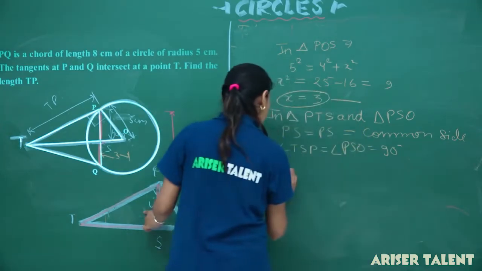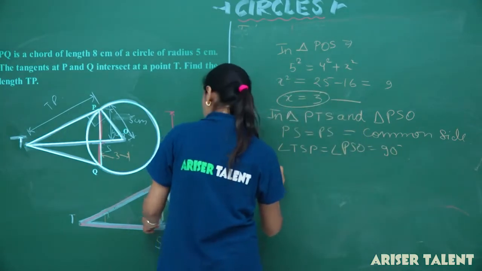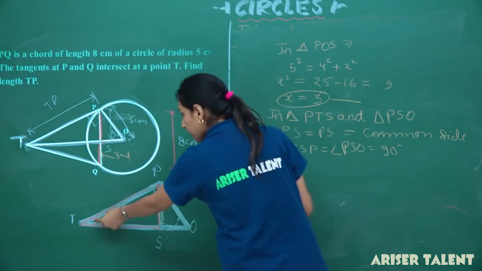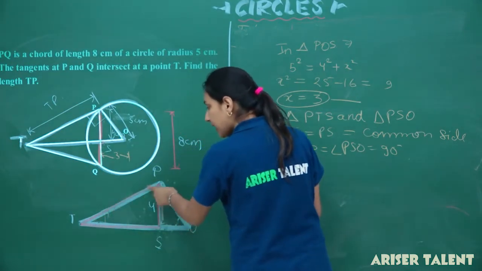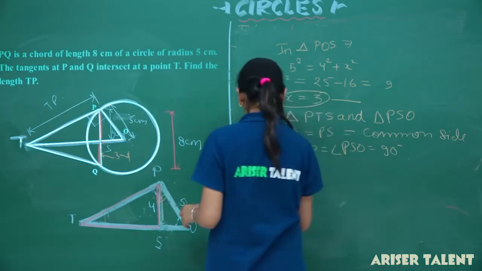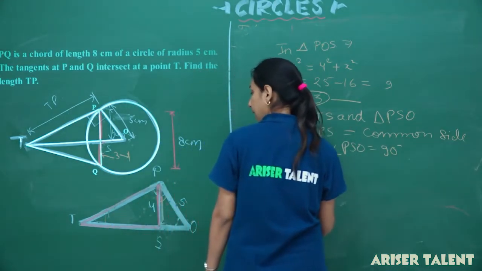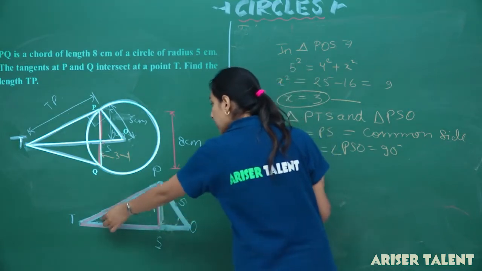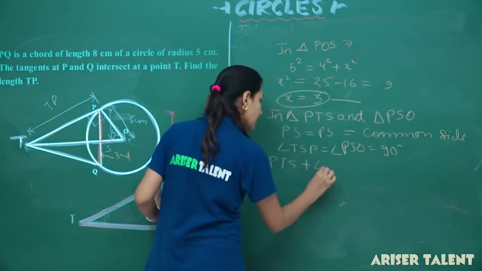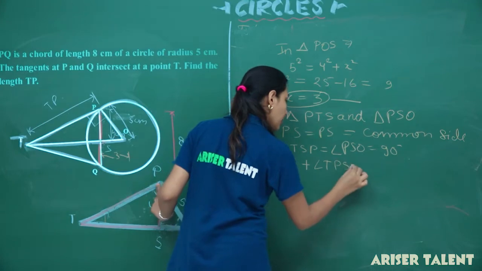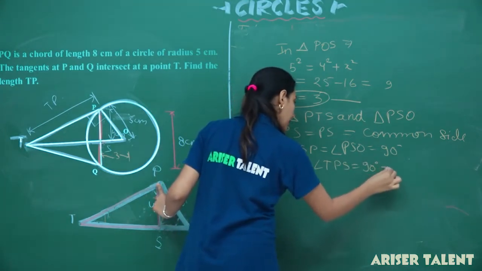Why? Because this is 90 degrees, the sum of this angle T and this angle P will be equal to 90 degrees. So angle PTS plus angle TPS equals 90 degrees.